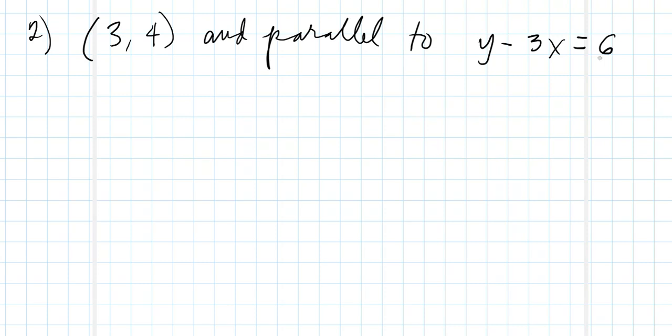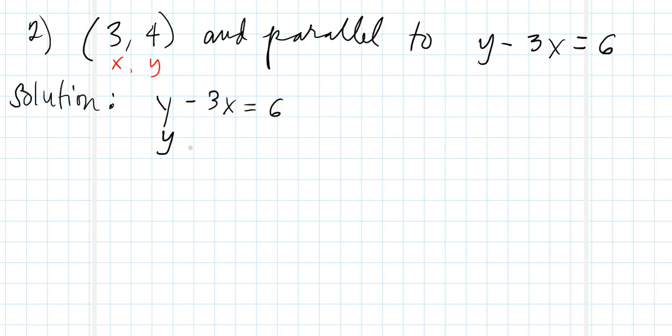Okay, since we have here x and y, this is your solution. First, we have to find the slope of y minus 3x equals 6. So y is equal to 3x plus 6.